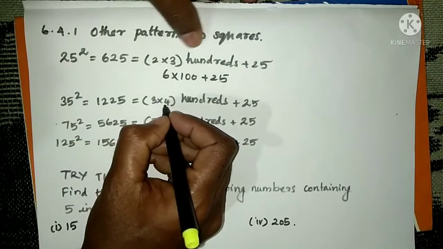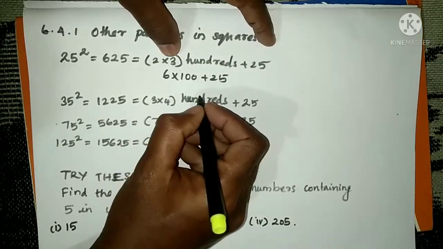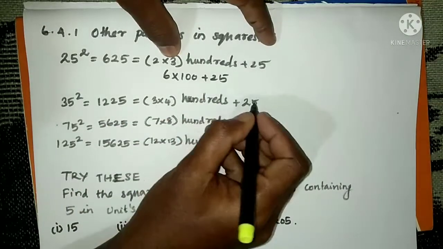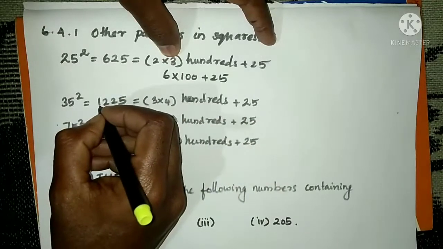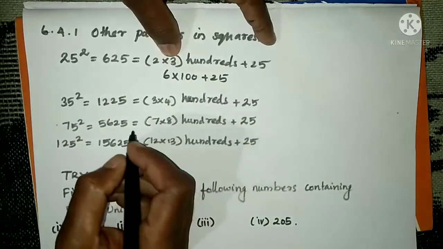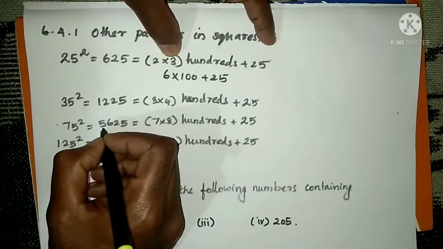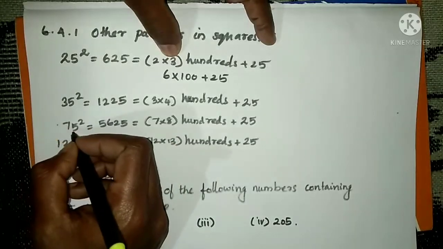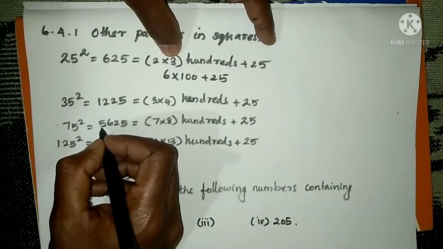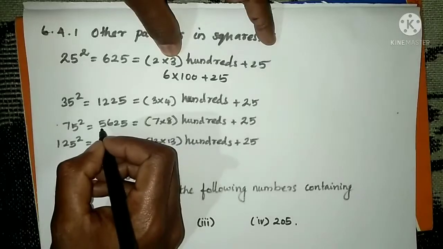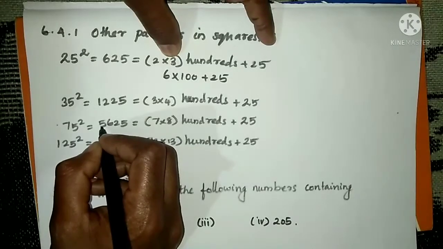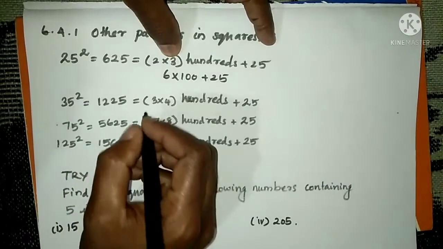So 3 into 4 is 12. 12 hundreds plus 25, that's 1225. The same way here, 75 square is equal to 5625.